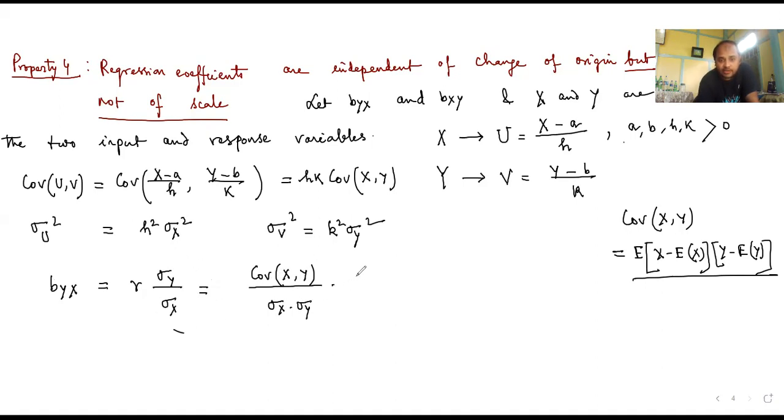I'm writing it over here, multiplied by sigma y by sigma x. Now sigma y and sigma y cancel each other. So in terms of covariance of xy, byx is given by covariance of xy by sigma x squared.